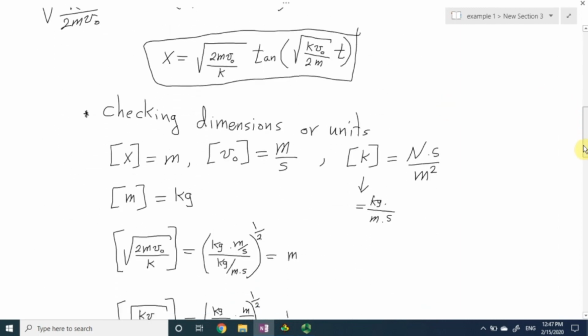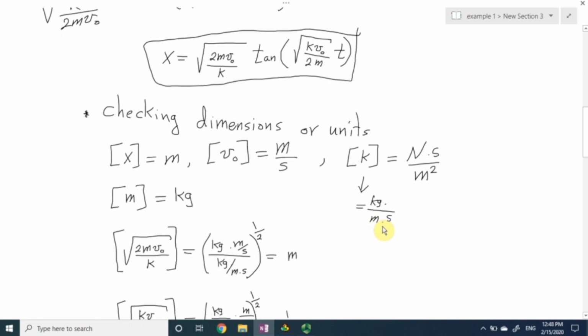The unit of constant k will be Newton times second divided by meter squared. You can simplify this because you already know that Newton is a unit of mass multiplied by acceleration. So it's kilogram times meter over second squared. And then by simplifying this further, the unit of k is just kilogram over meter times second.